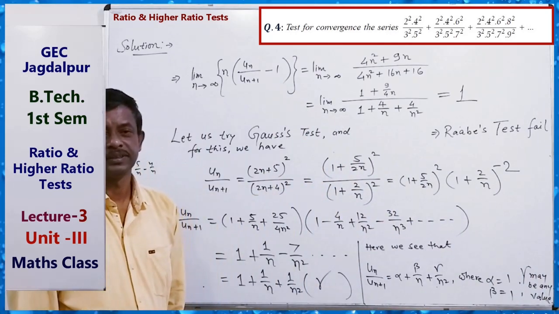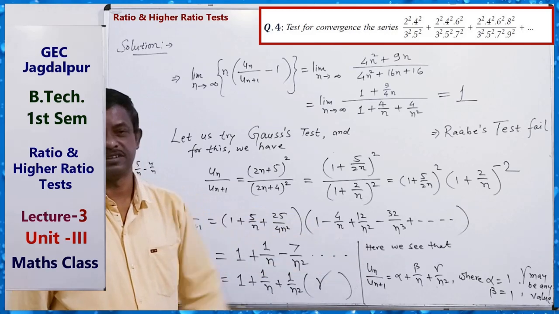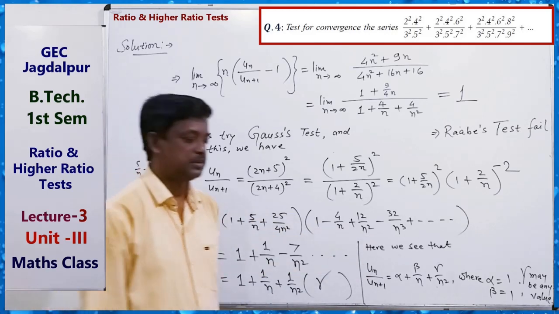Clear? So by Gauss test, series is divergent.